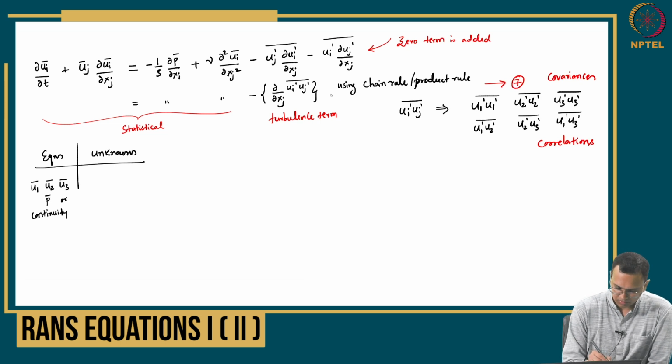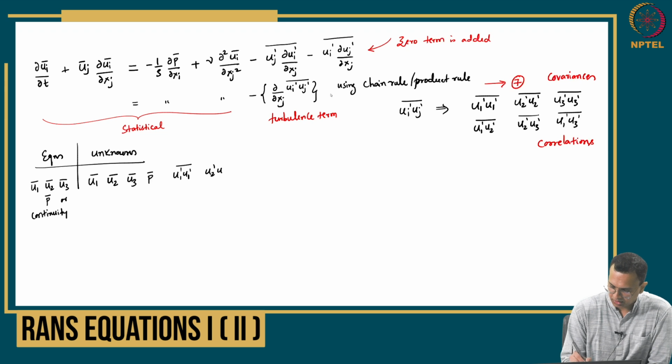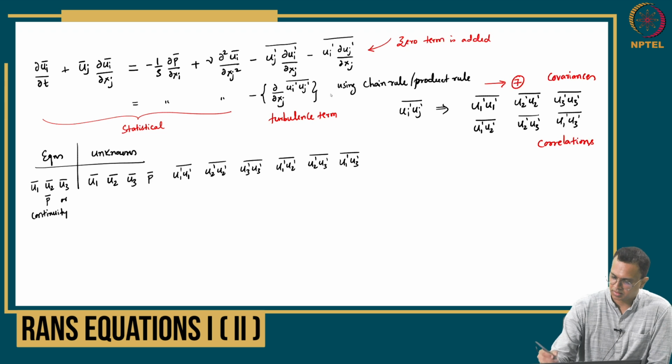And the unknowns, again I have u1 bar, u2 bar, u3 bar, p bar, and then these 6 extra terms, which is u1 prime u1 prime, u2 prime u2 prime, u3 prime u3 prime, and then u1 prime u2 prime, the correlation terms or cross covariances, 6 extra unknowns.